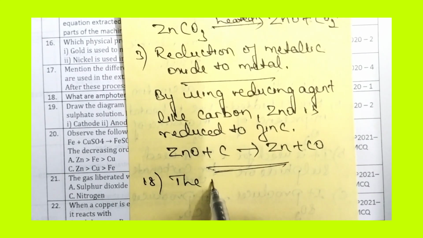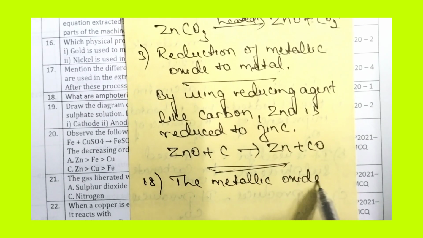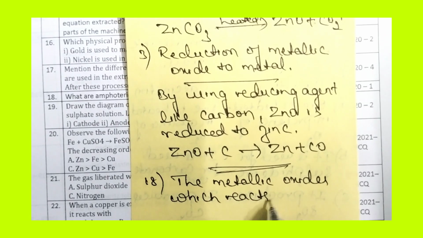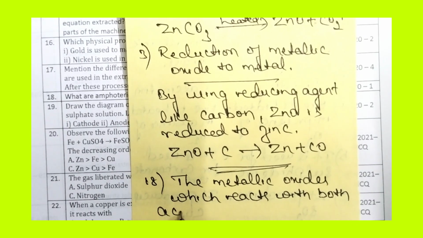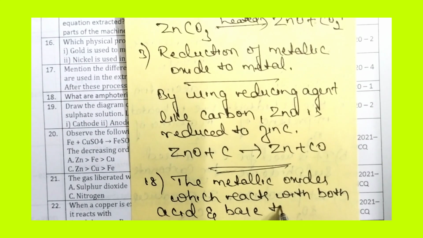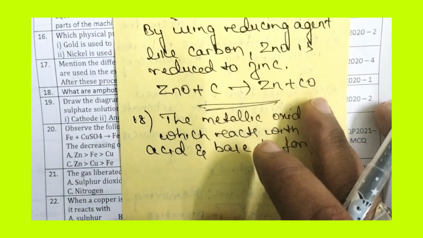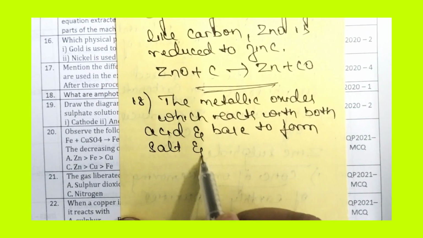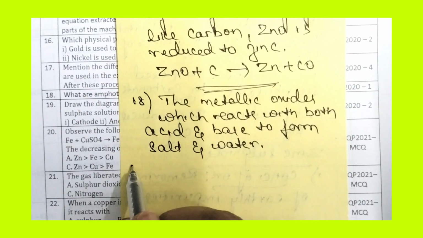Amphoteric oxides are the metallic oxides which react with both acid and base to form salt and water. So this is amphoteric oxide.